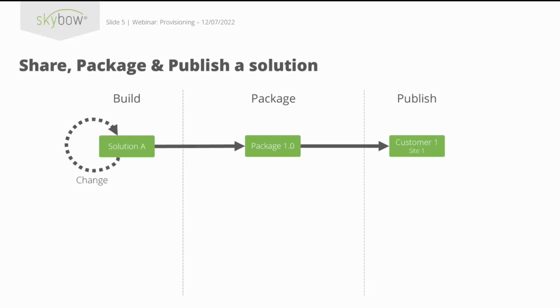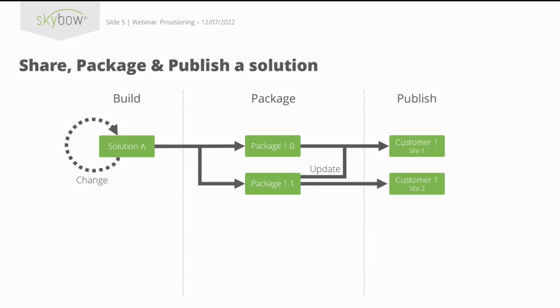Later on, you make changes, create another package with the next version, and the numbers you're free to define. Now you can either update an existing deployment, or deploy this package or package 1 to another site, on the same tenant or on another tenant. It's all really flexible. We will see that later in the demo part.